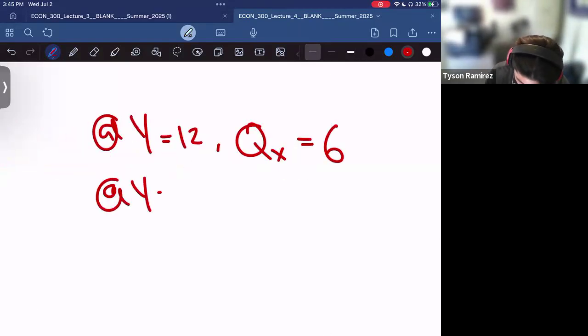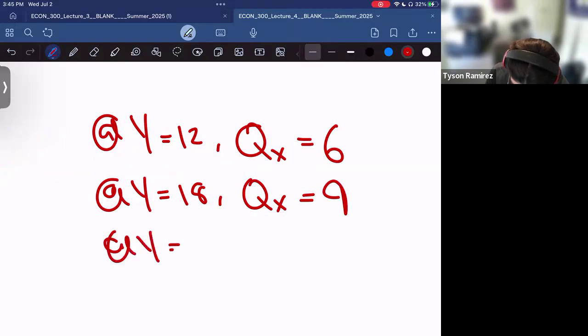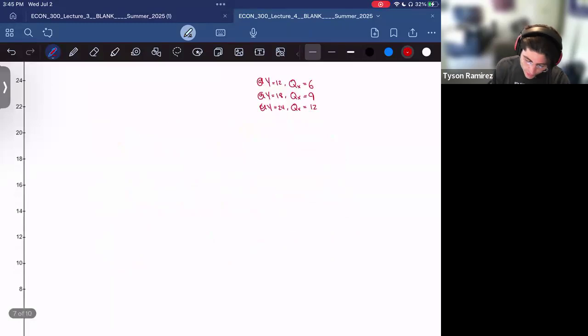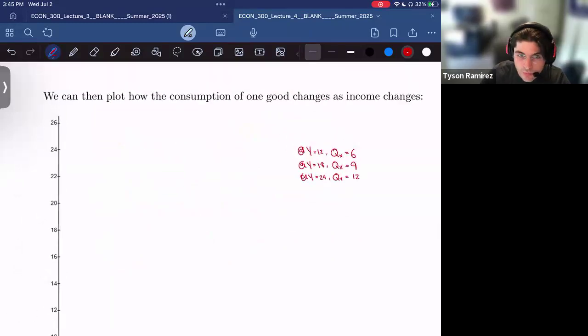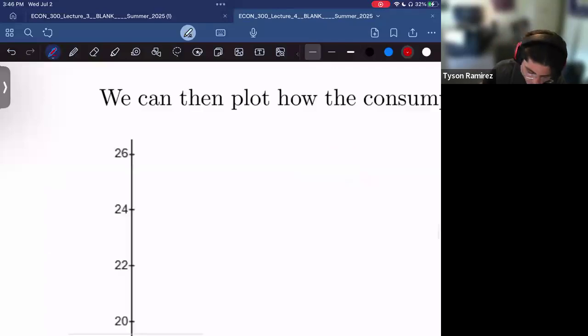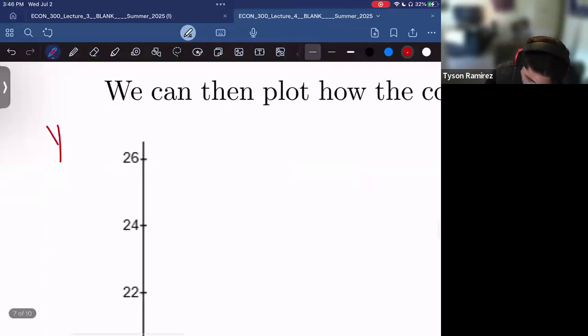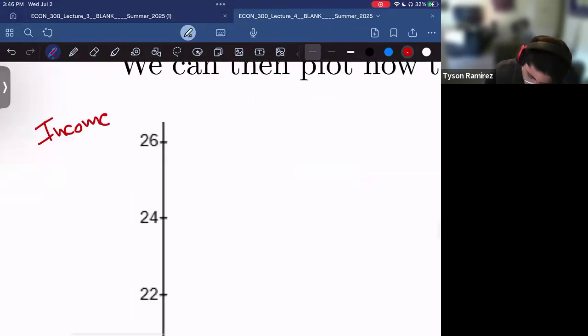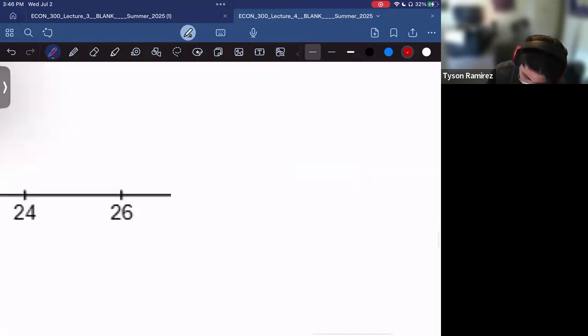At y equals 18, the quantity of x was 9. And at y equal to 24, the quantity of x was 12. Let's plot these as points. Let's do income on the y-axis, and let's do quantity of x on the x-axis.